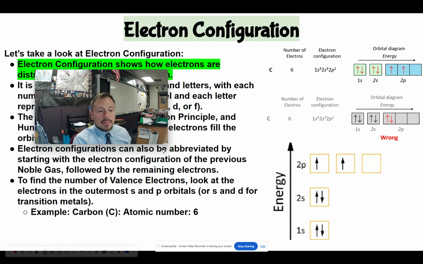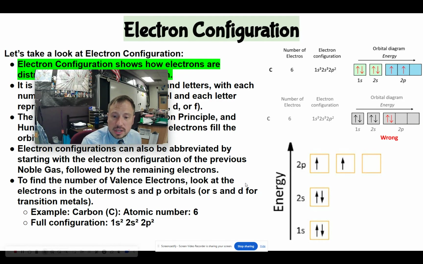Here's an example. Carbon is atomic number 6, and you can see off to the right how it's done: 1s2, 2s2, 2p2. The first number, the large number, is the orbital number, the period number. Then the s is which orbital it is, and the exponent represents how many electrons are in that orbital.